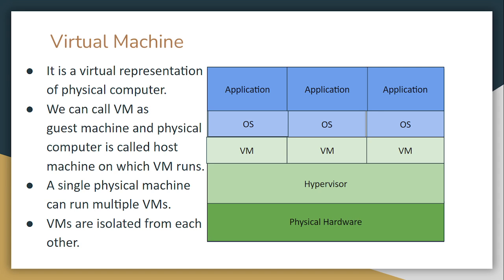First, we are going to understand virtual machine. It is a virtual representation of a physical computer. We can call VM a guest machine, and the physical computer on which the VM runs is called the host machine. A single physical machine can run multiple VMs, and these VMs are isolated from each other.